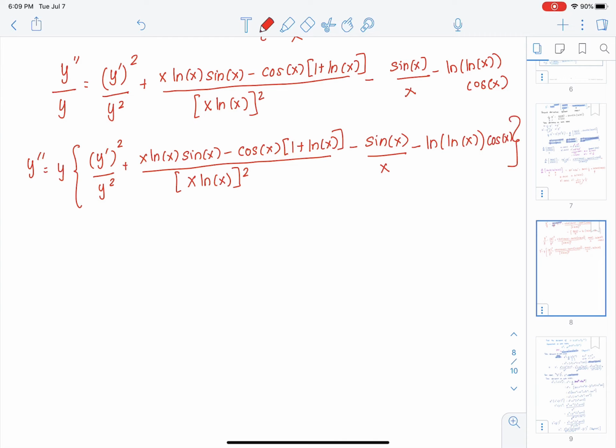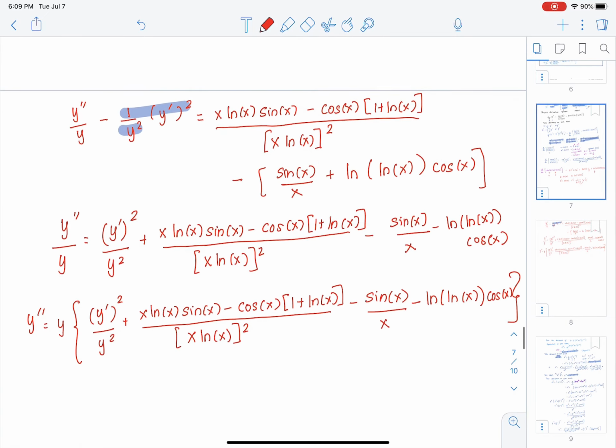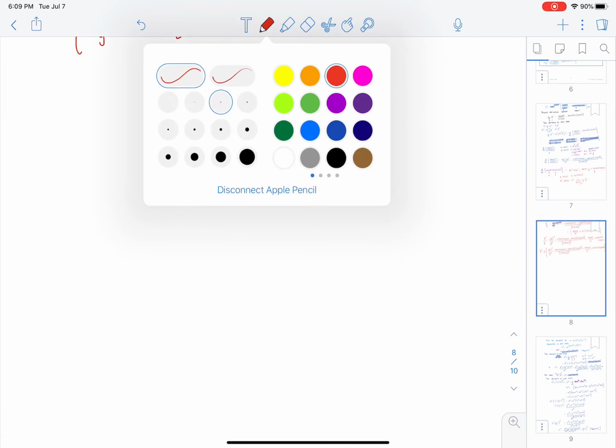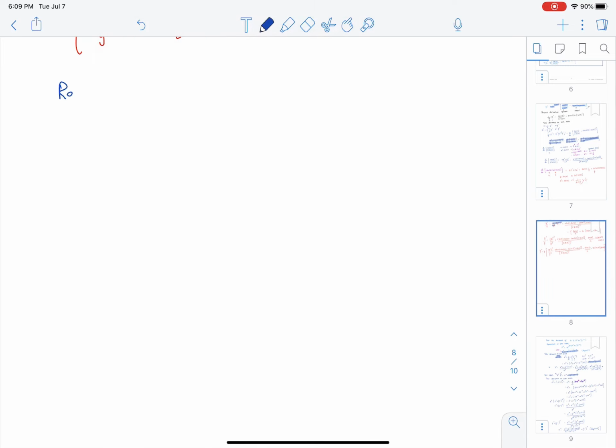As I mentioned, I am not going to put a problem like this on the exam because it'll be quite complicated. I'll put a note here. The second derivative is quite complicated, and you will not see it on the exam.